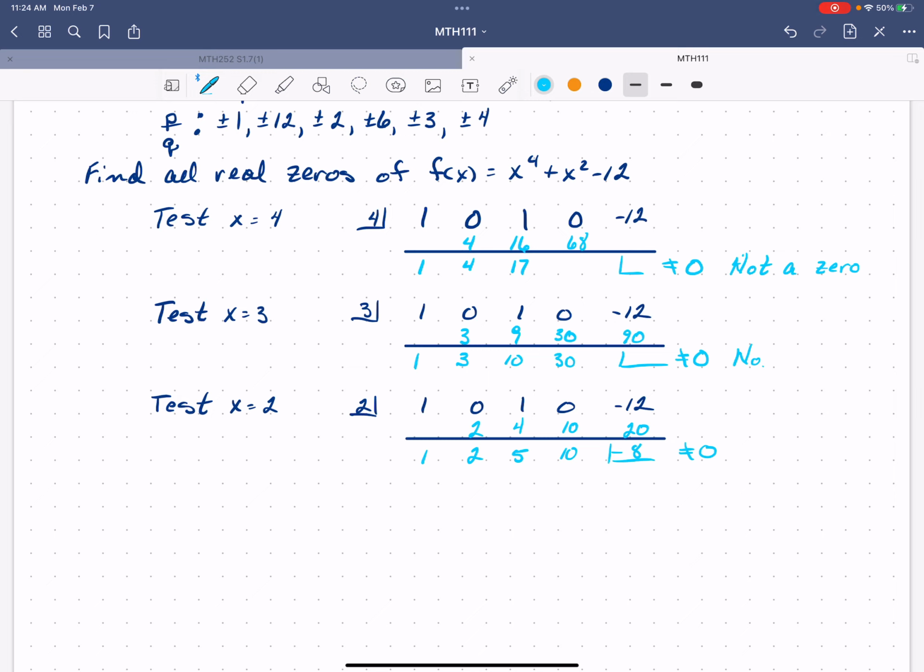Let's try negative 2. And if this doesn't work, I'll show you the other way we do this, because sometimes polynomials don't have any rational zeros. And that may be what we're looking at here.